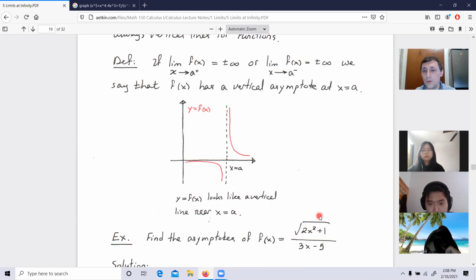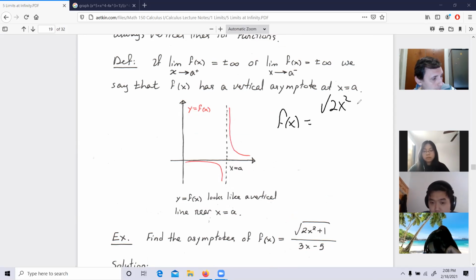I hope you can see the screen. I don't want to scroll. If not, let me just maybe draw it here. Good.